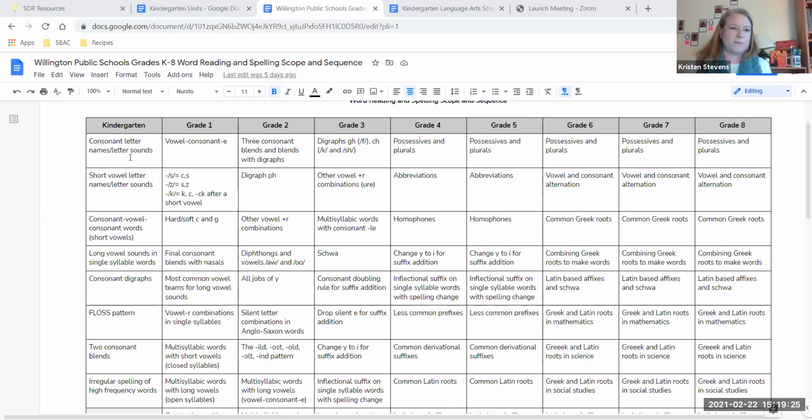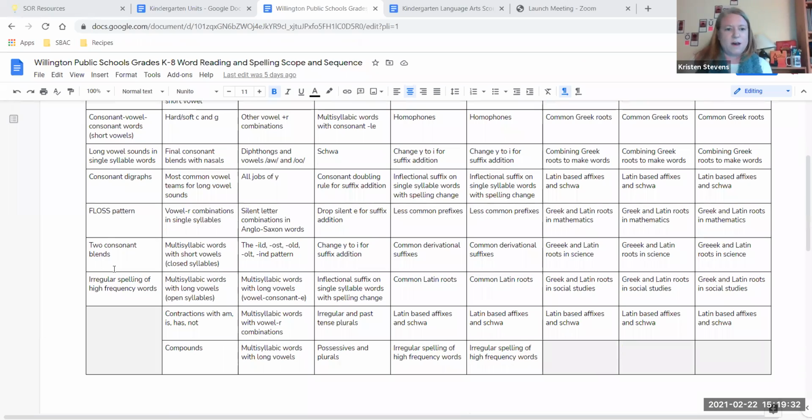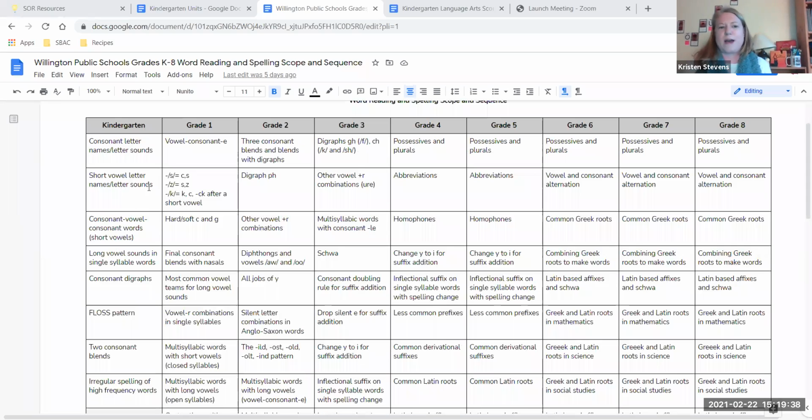You would start in kindergarten with consonant letter names and letter sounds, and if you scroll down, consonant blends would be at the end of kindergarten. Then when you go back up to 1st grade, after they review some kindergarten skills, they're starting with vowel-consonant-e. So the scope and sequence is just a sequence of skills for each grade level, starting from the top to the bottom.